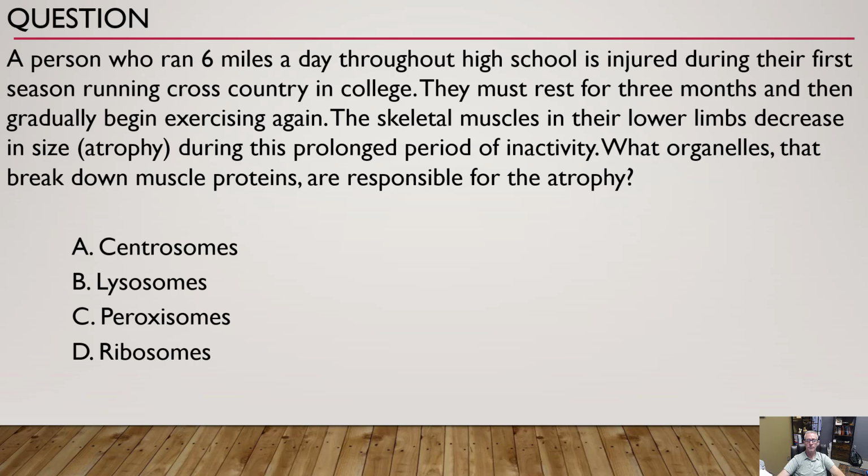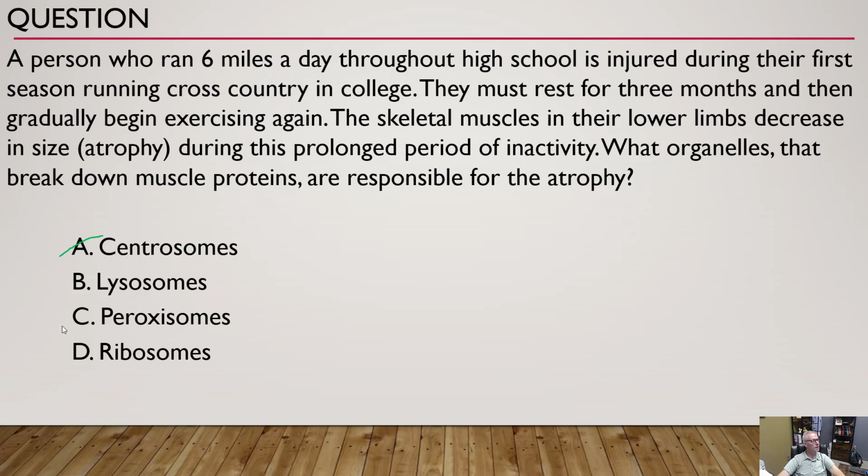So what organelles break down muscle protein? All right, centrosomes. Centrosomes, remember, are those two things that are going to be responsible for mitosis. They're going to create spindle fibers and pull the chromosomes apart.